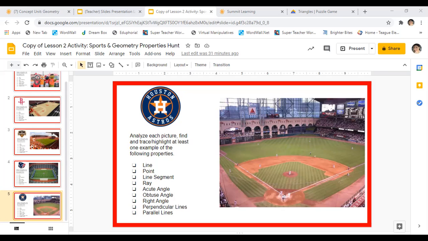The acute ones have three acute angles of less than 90 degrees. So all three of these angles will be less than 90, less than 90, and less than 90. And you can tell with the 64 degrees, 71 degrees, 45 degrees, all three are less than 90 degrees in angle. So it's an acute triangle. And same thing here, less than 90 degrees, less than 90 degrees, and less than 90 degrees.